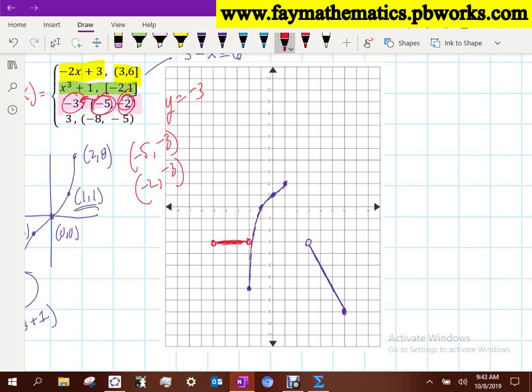So the same idea happens when I look at this one here. From -8 to -5, we're at a height of +3, right? So it should be an open dot there, open dot there, and I connect them.